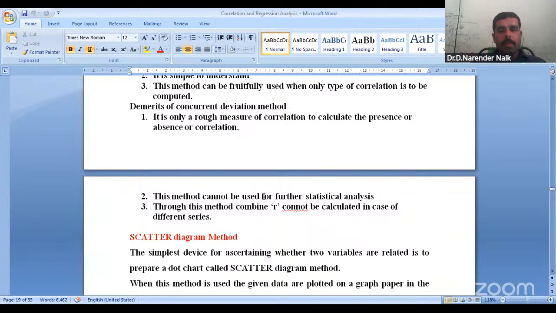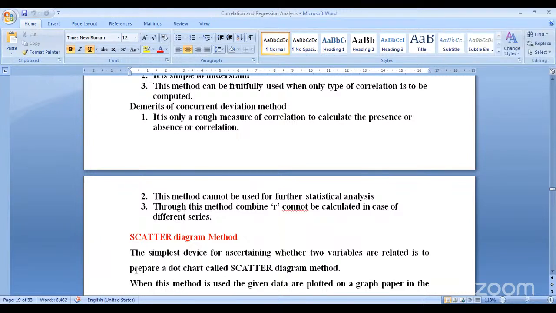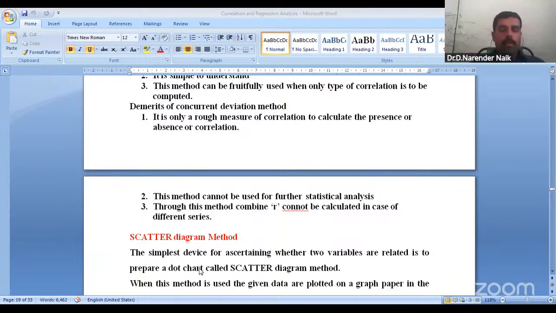This method cannot be used for further statistical analysis. Also, this method cannot be calculated as different series.